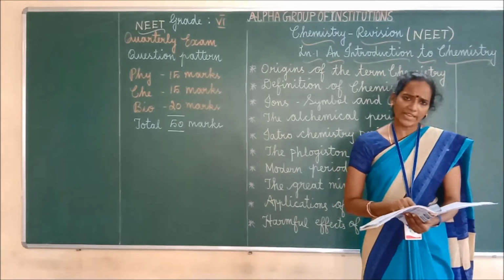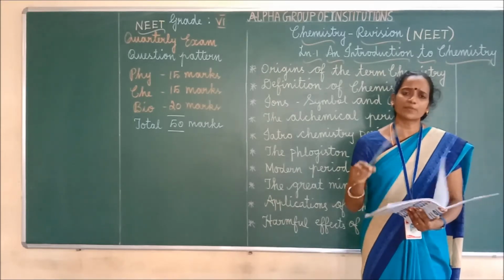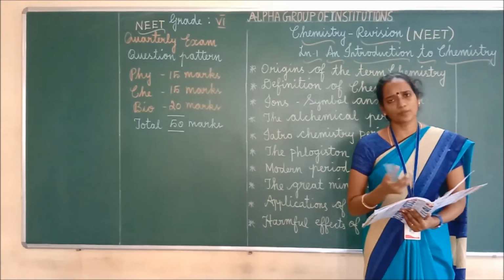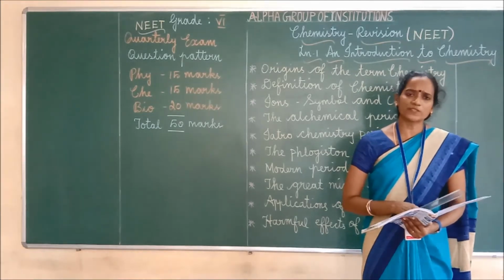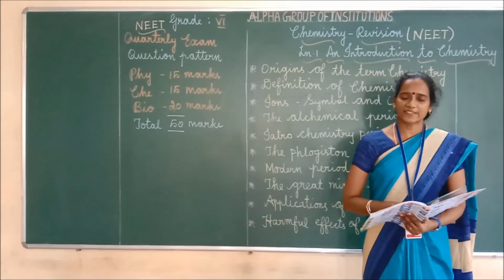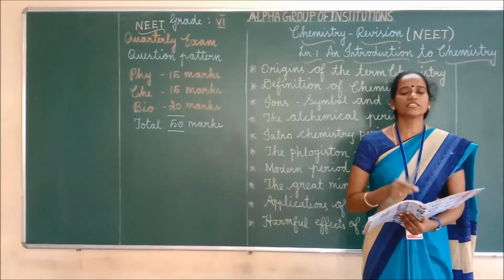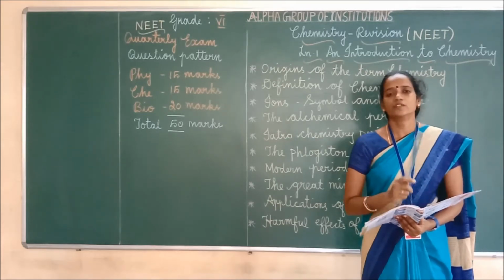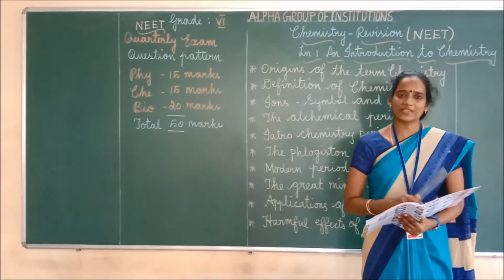Next, the various objects which exist around us are made of some kind of dash. It is nothing but matter only. Next, matter is composed of dash. Matter is composed of atoms, not only atoms, molecules, even ions also. So matter is composed of atoms, molecules as well as ions.